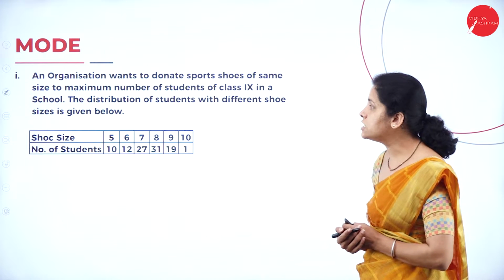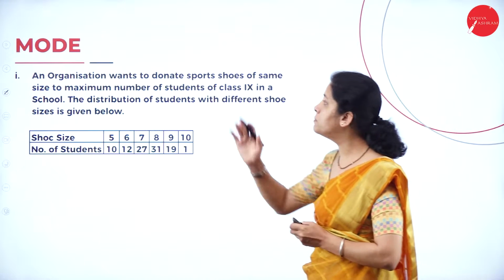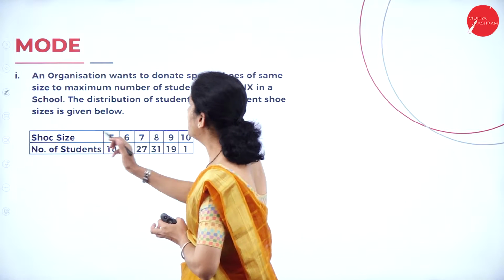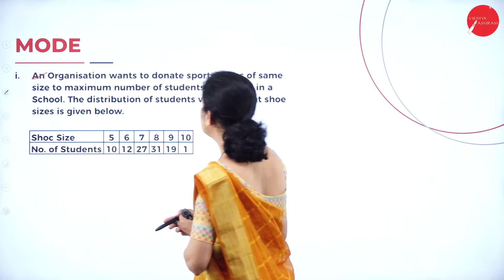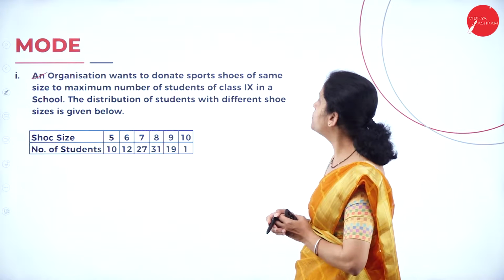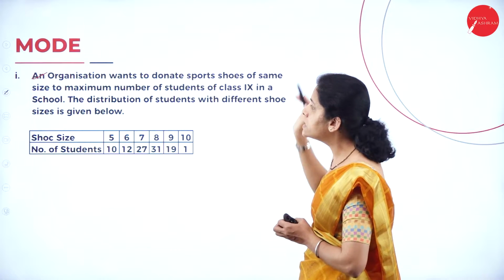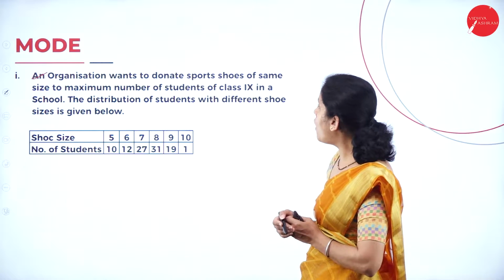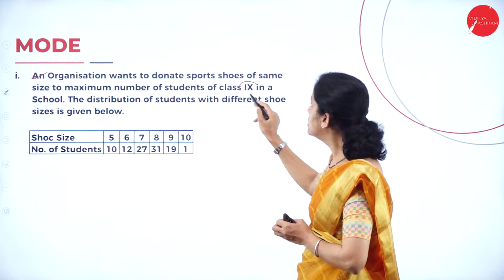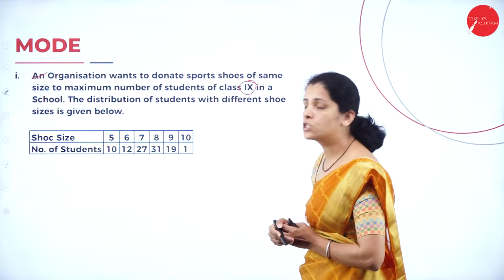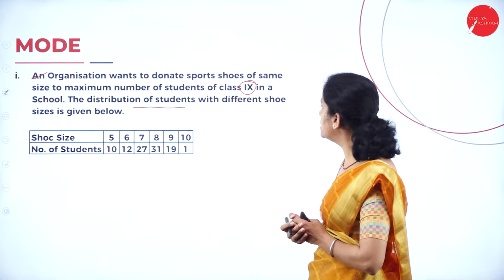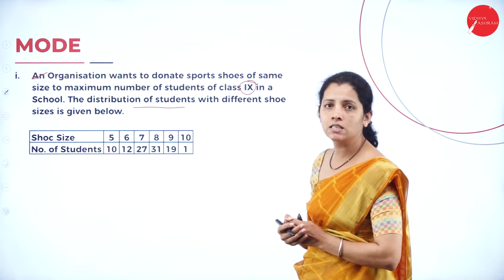Now, in my today's session, I'm going to deal with mode. So, dear students, see here. An organization wants to donate sports shoes of the same size to the maximum number of students of class 9th in a school, and the distribution of students with different shoe sizes is given below.